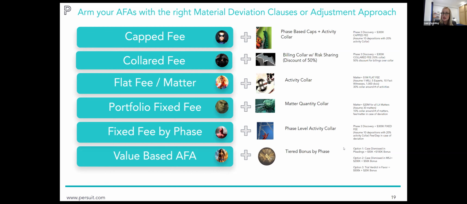If it falls under that 10%, then it rolls into that portfolio fee so that you're maintaining a little bit of that cost predictability. And then fixed fee by phase, you can actually get the material deviation to apply at a more granular level. So if there is a change in the phase, then you can get the price to adjust accordingly. David's given some examples on the right there of how you might apply that to a real matter.